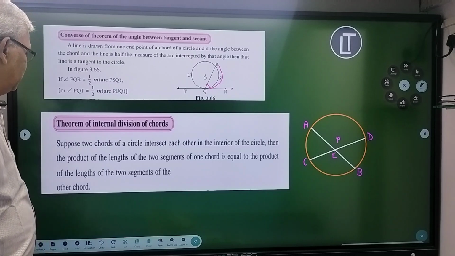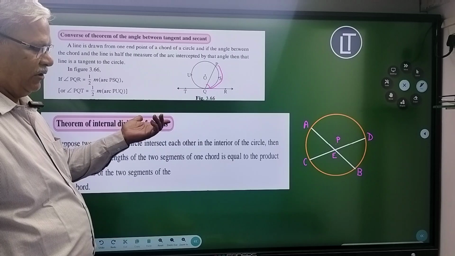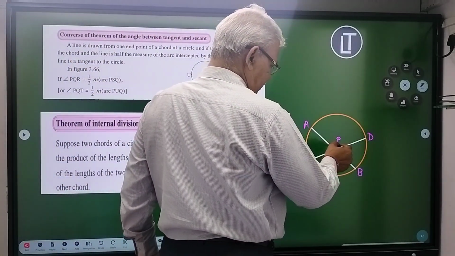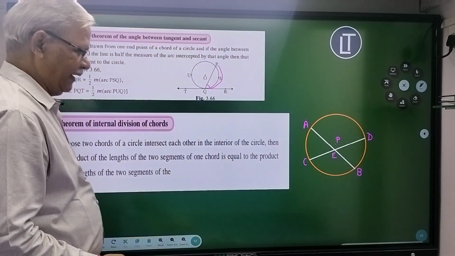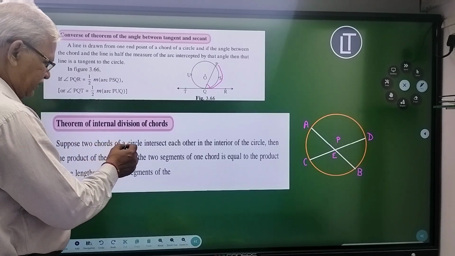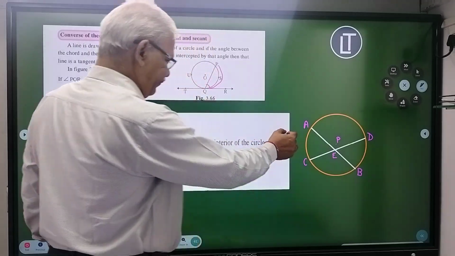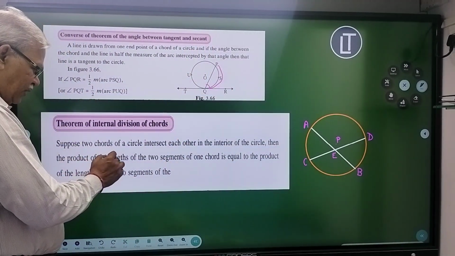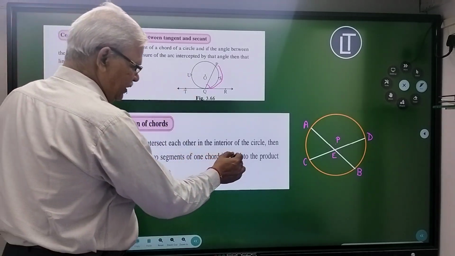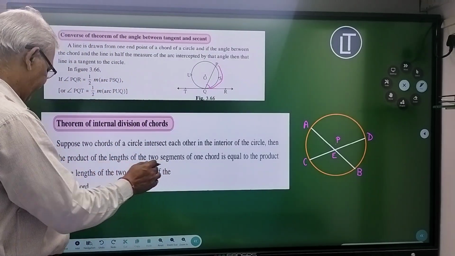Okay? Now the next is the theorem of internal division of chords. Two chords intersecting inside a circle at point E. According to this, suppose two chords of the circle intersect each other in the interior of the circle, then the product of the lengths of the two segments of one chord is equal to the product of the lengths of the two segments of the other chord.